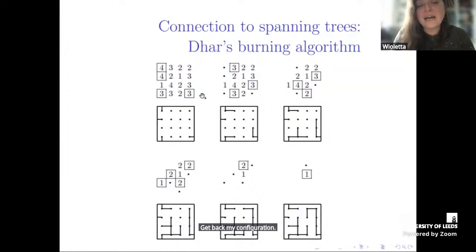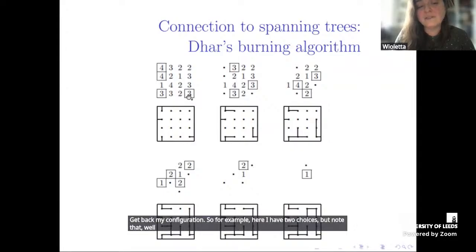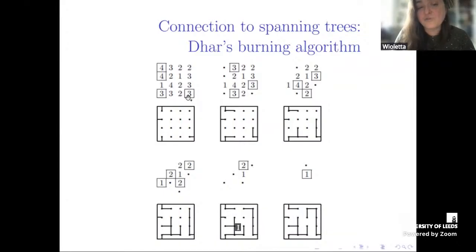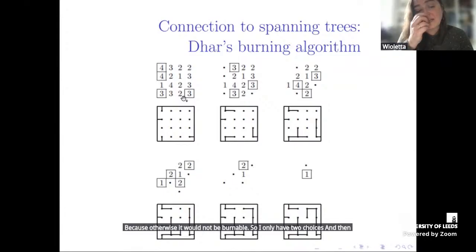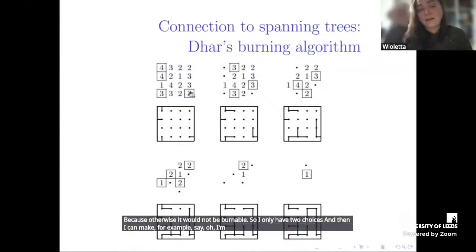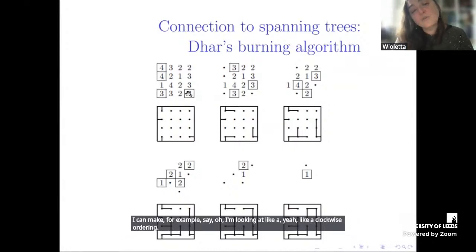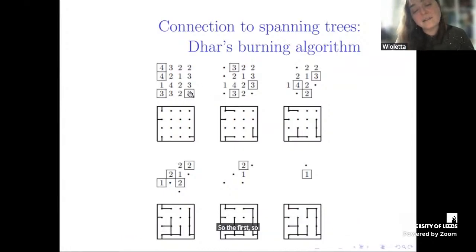So for example, here I have 2 choices, but note that for the corner to be burnable at the first time, I know that the height has to be either 3 or 4, because otherwise it would not be burnable. So I only have 2 choices, and then I can say, I'm looking at a clockwise ordering. So this is like the lower height.